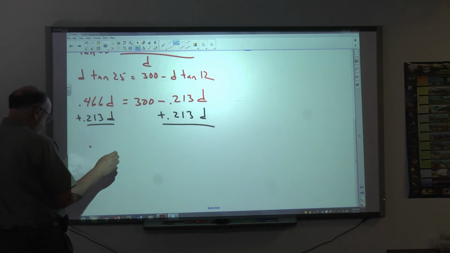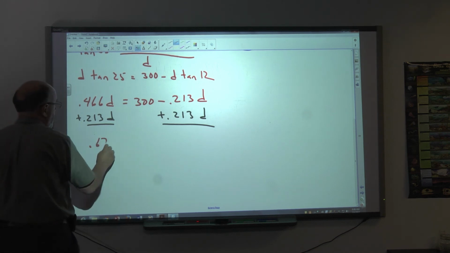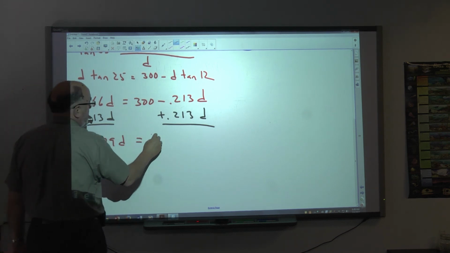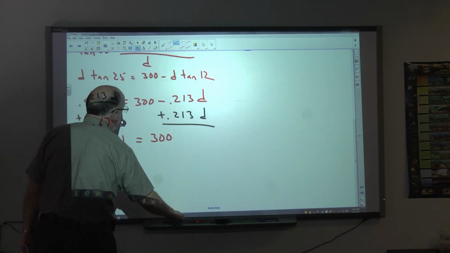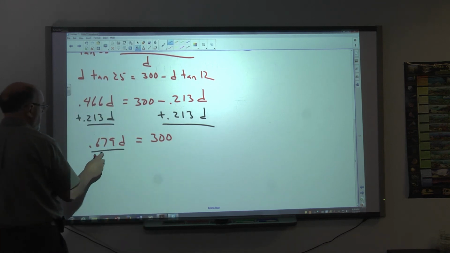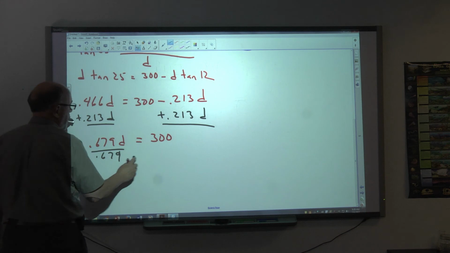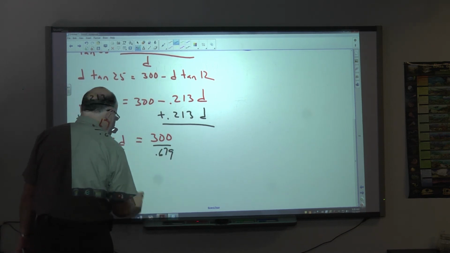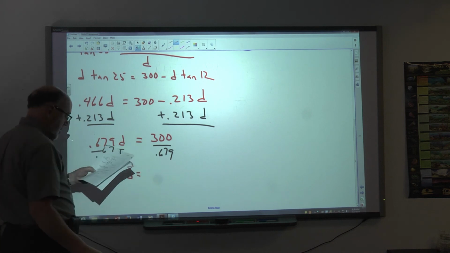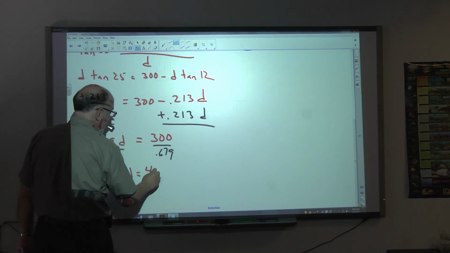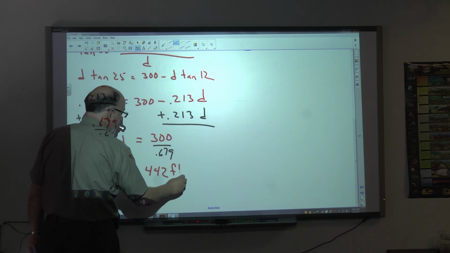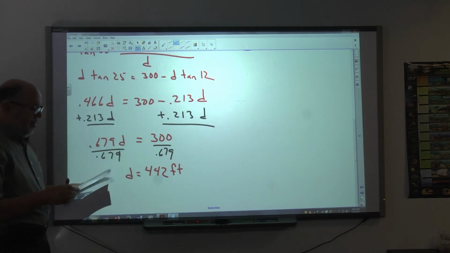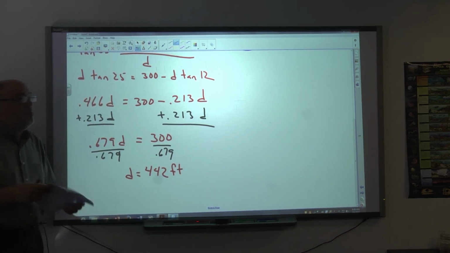So we get 0.679D equals 300. And then lastly, we will divide. And so we end up that D is going to be 442 feet. And with that, that will conclude this lecture.